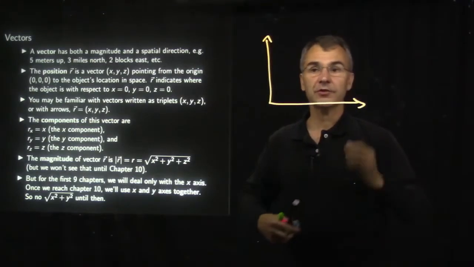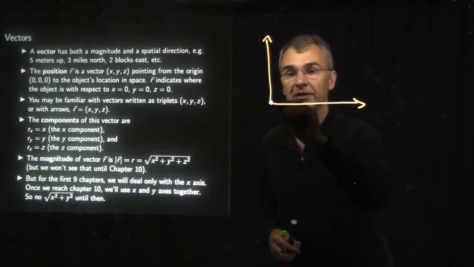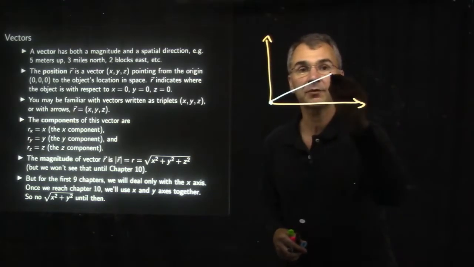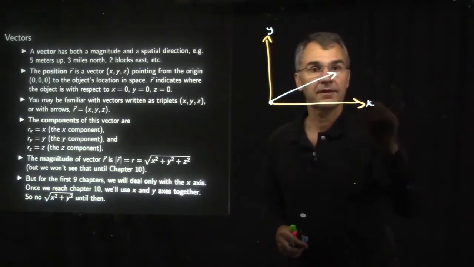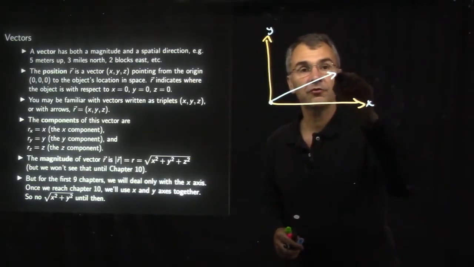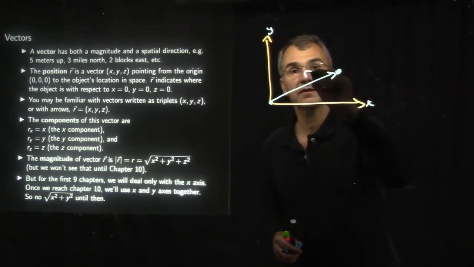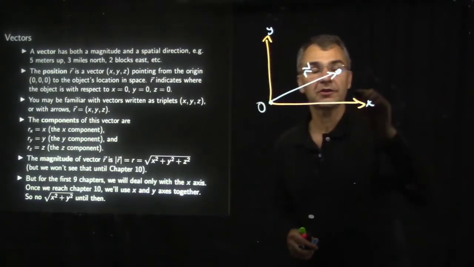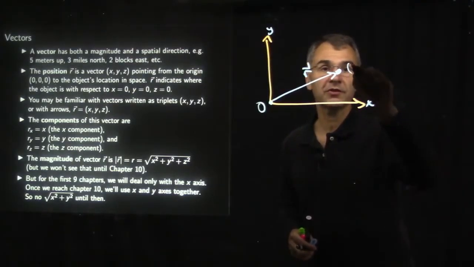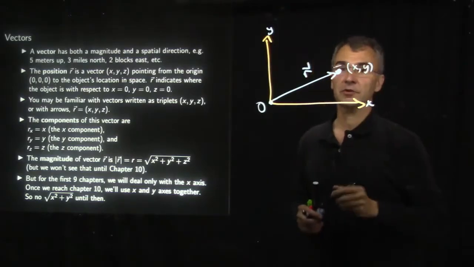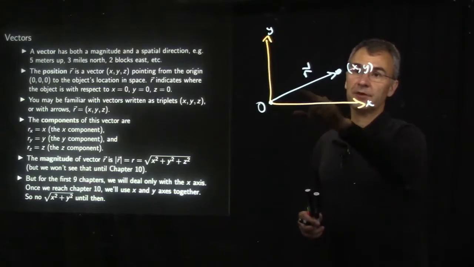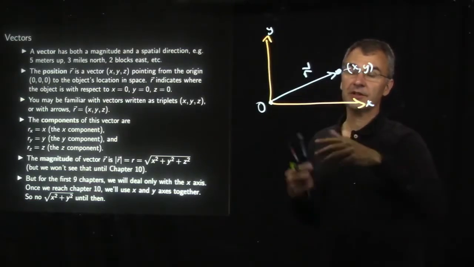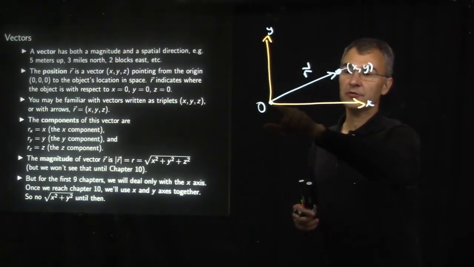So if you think of your secondary school days studying the XY plane, then this vector r points from the origin to some point x comma y. That is a vector we typically think of as representing an arrow pointing from the origin.